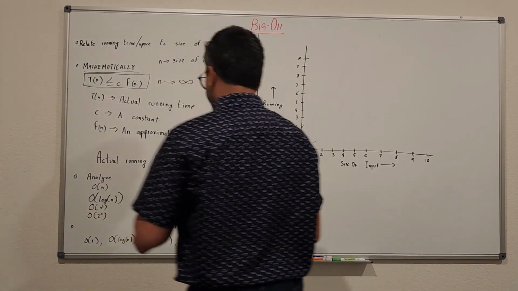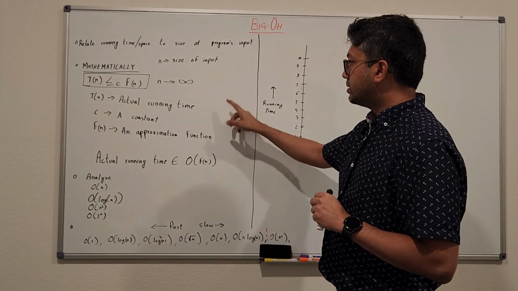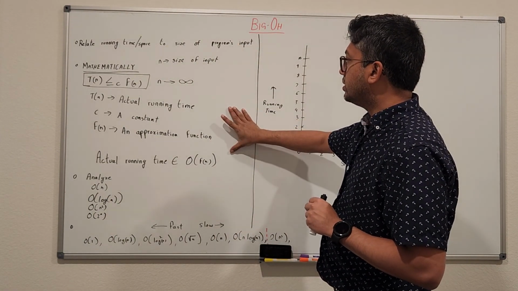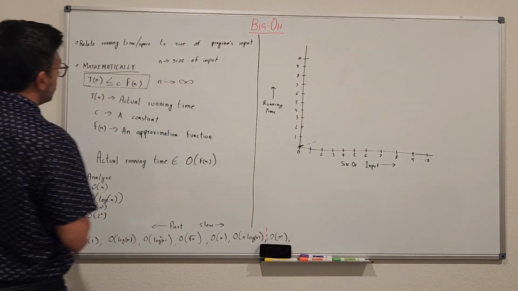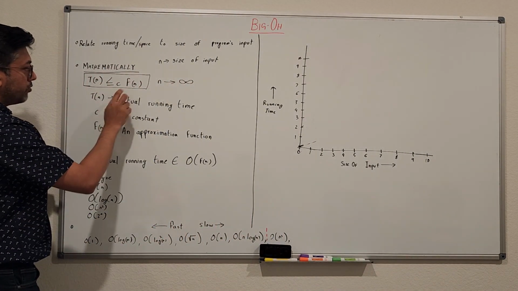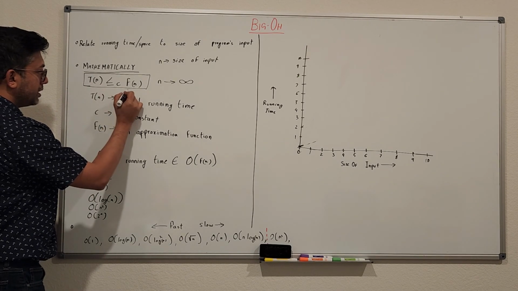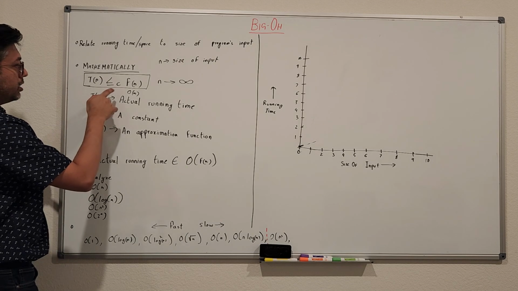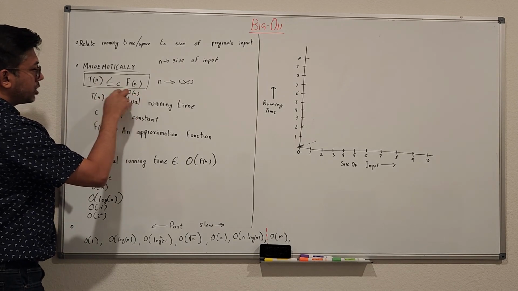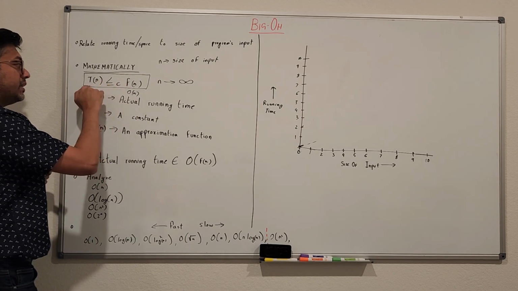What's next? So next, we've covered the mathematical part. Just to reiterate, you can say your running time is in BigO of n if this times a constant is more than the actual time taken.